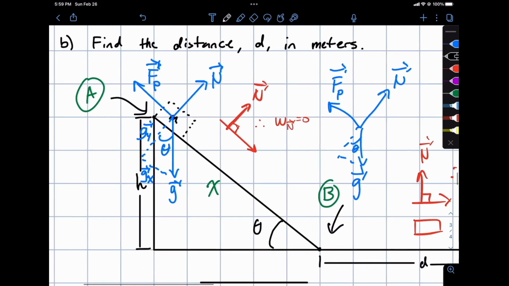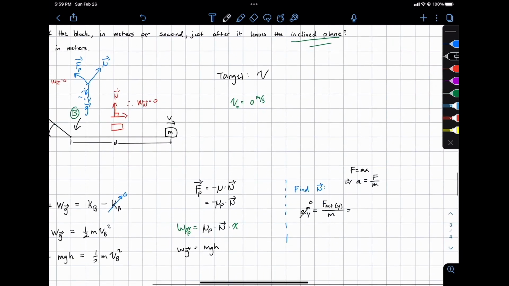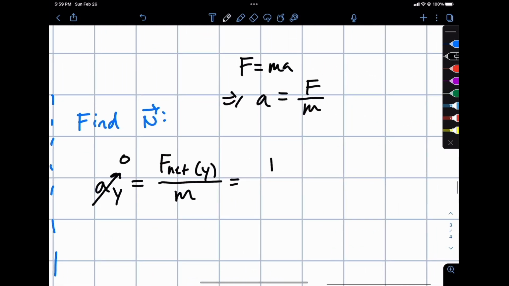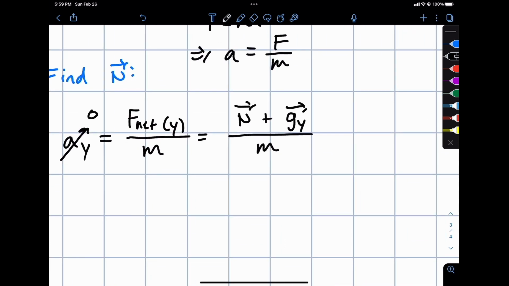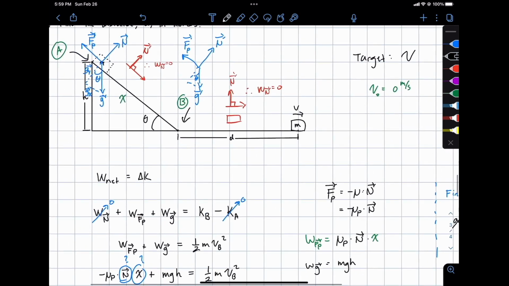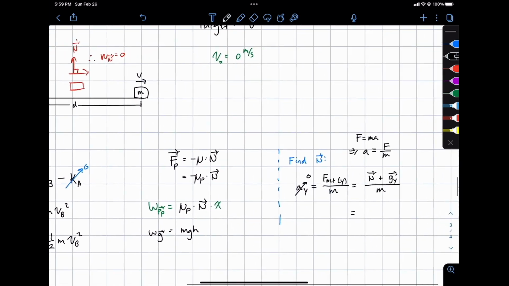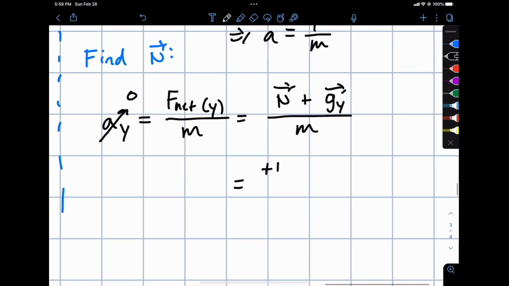And what are all the forces going in the y direction? They are the normal force and the gravity in the y direction. So the normal force plus the gravity in the y direction, over m. I like to put the arrows on top so that I know it's a vector and vectors have directions. So after this line, I need to make sure: is n going in the positive direction or negative direction? From our plane, we see that the normal force is going in the positive direction, so I will put a plus n.